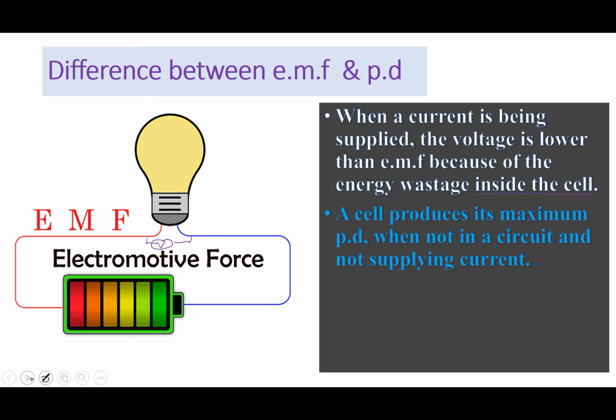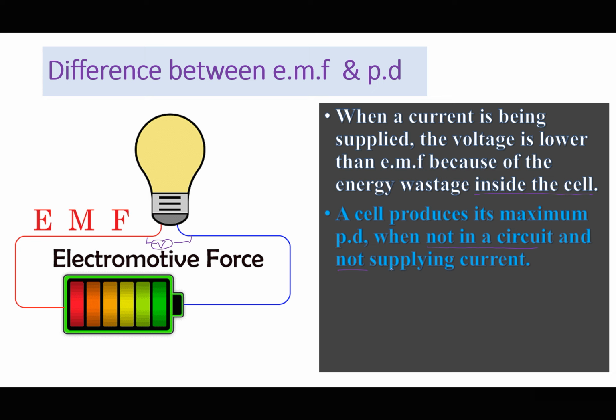But the moment it starts giving out a current, some of the energy is wasted within the power supply itself. So the cell gives out less PD. So we are saying a cell produces its maximum PD when not in a circuit and not supplying a current.